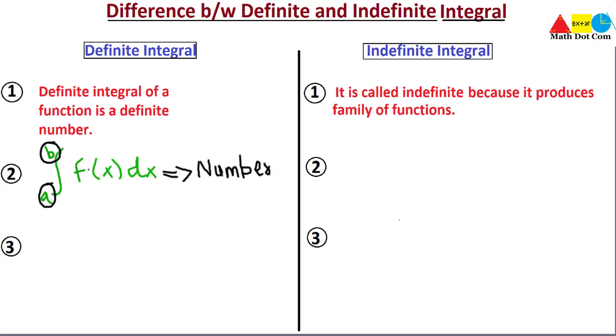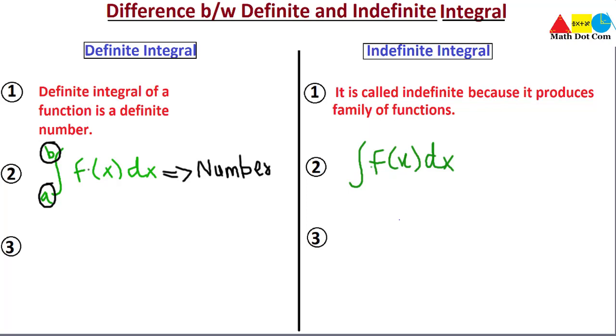Now we will move towards the indefinite integral. How is it represented? Let's see. It will be represented in the same way like this: the integration sign, the function and the dx. The only thing that is missing here are the limits. So we will not put any limit in an indefinite integral.